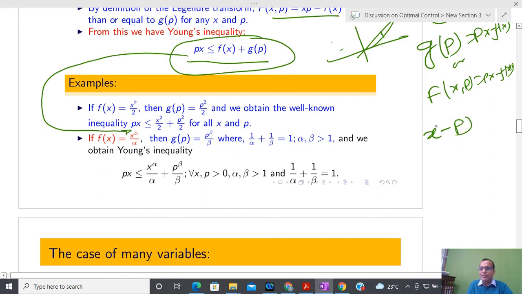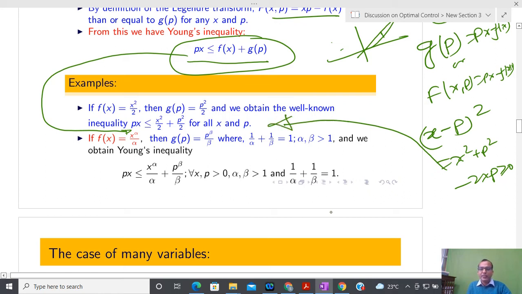Suppose you have x minus p square, so I can write x square plus p square minus 2xp. And this is always positive, so I can write that this is always greater than or equal to 0, and if you just rearrange this, then you can see that this kind of inequality comes into the picture. So either in this way or just using the help of Young's inequality. Now it means that if I have two functions, then I can always find two functions f and g.